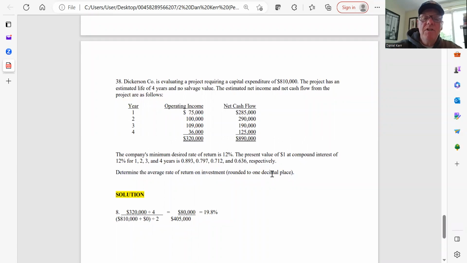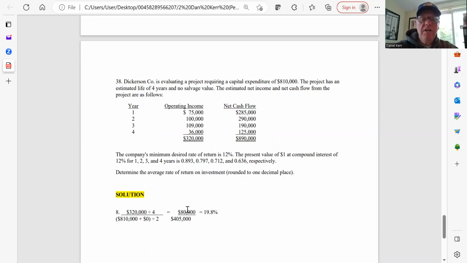So for the average rate of return, you take the average operating income divided by the average investment. The capital expenditure was 810. You can assume it has no salvage value, so you add the salvage value to it, that's 0. So 810 divided by 2 gives you 405.